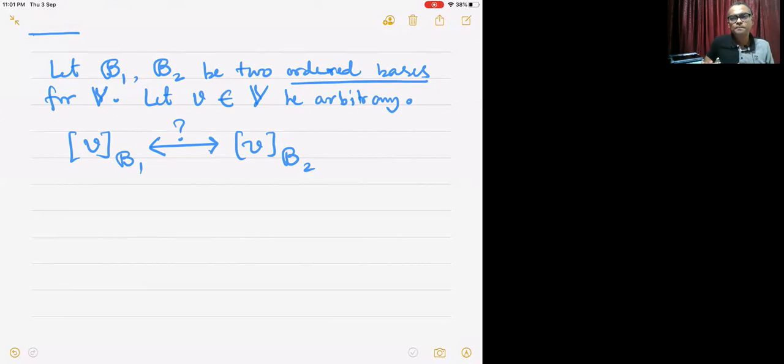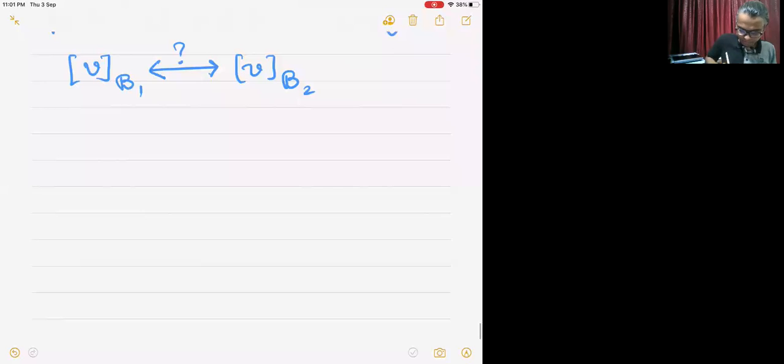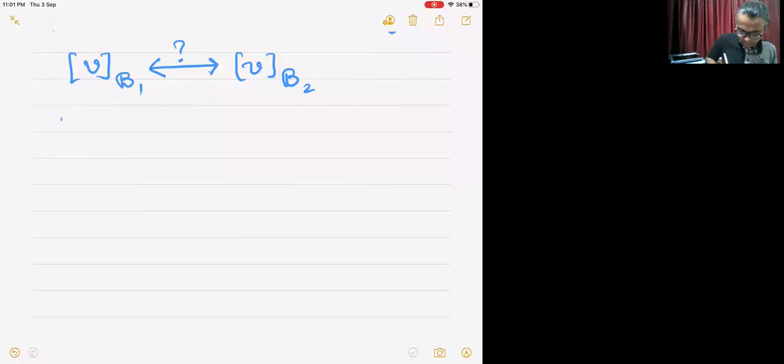Okay. So for that, what we're going to do is notice first, say B1, the first ordered basis, suppose is given by V1 up to Vn. This is my first ordered basis. And my second ordered basis is W1 up to Wn.